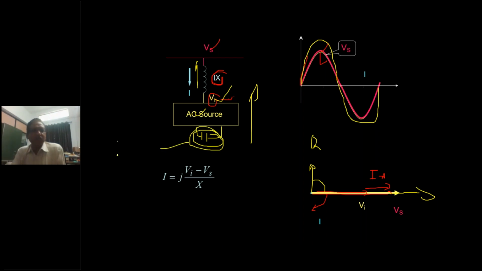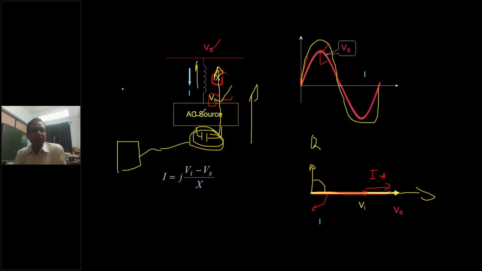Now suppose you connect a source here, for example a solar source. In that case, through this source, you can inject the solar power into the system also. In that case, what is the condition? These two voltages, Vs and Vi, should have a phase shift.